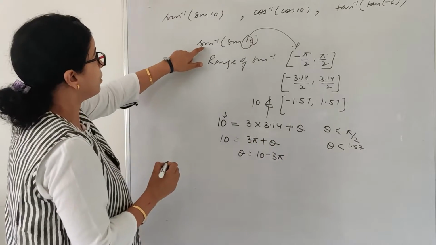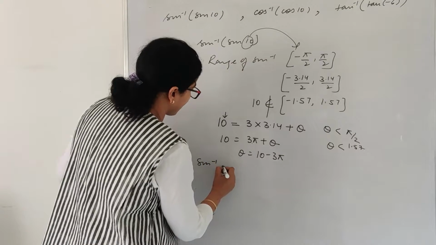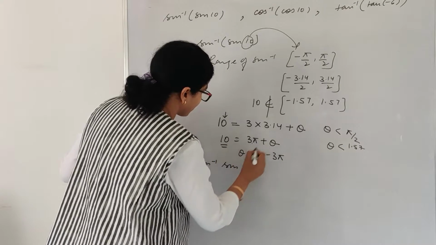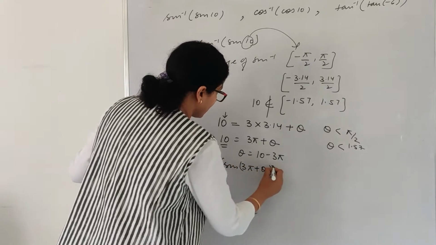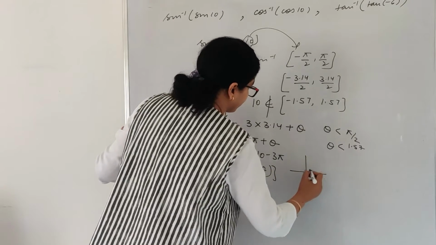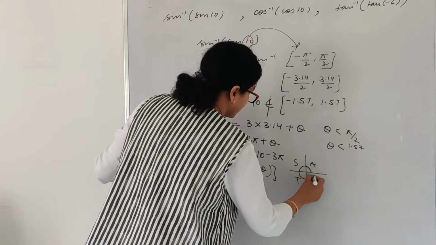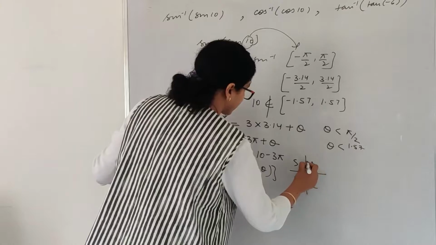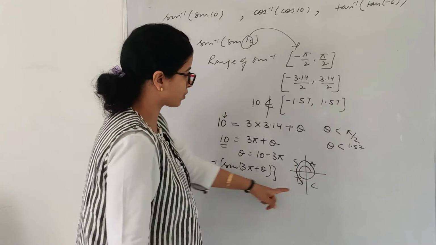Now substitute this value. Sine inverse sine, instead of 10 I can write 3 pi plus theta. Now check the quadrant part. One circle is 2 pi, 2 pi plus pi, so 3 pi plus theta means third quadrant.